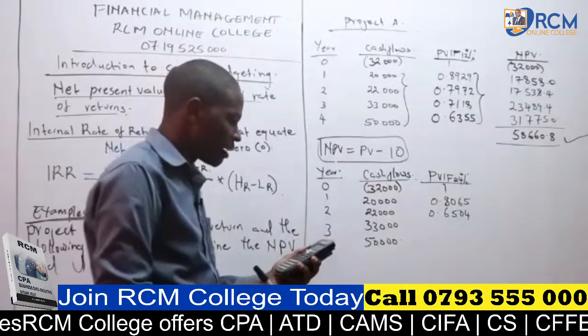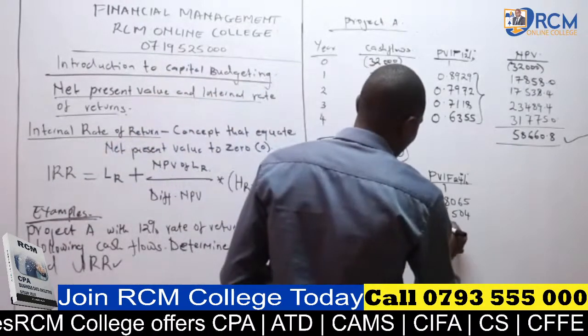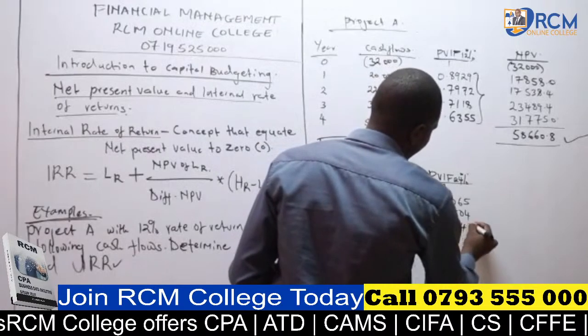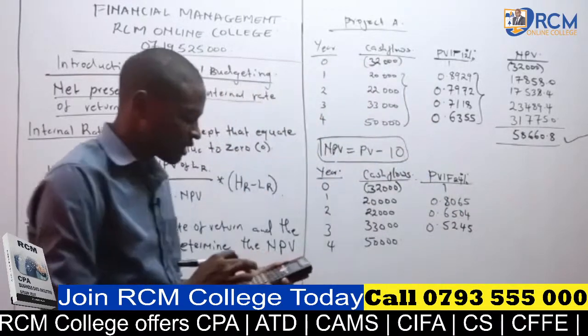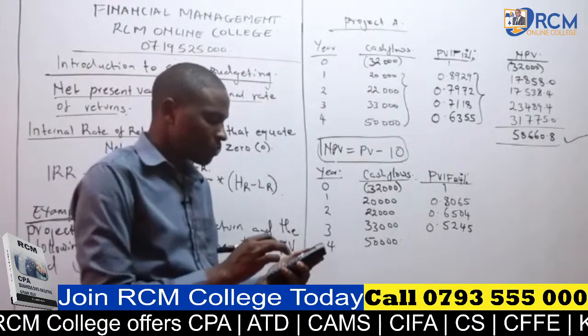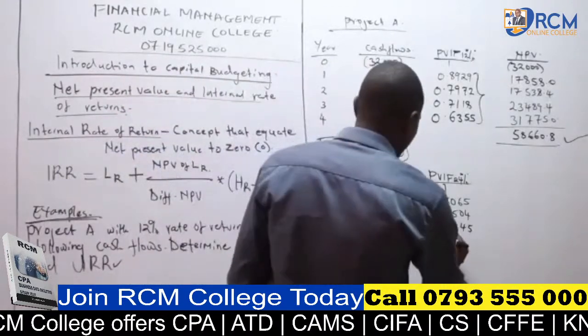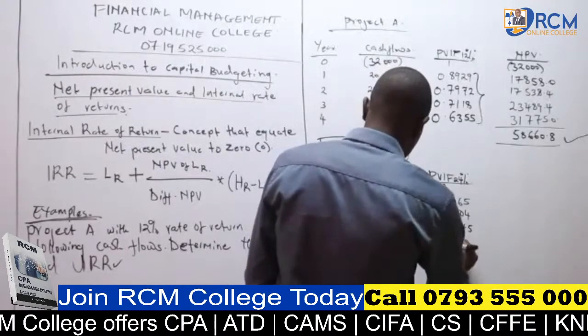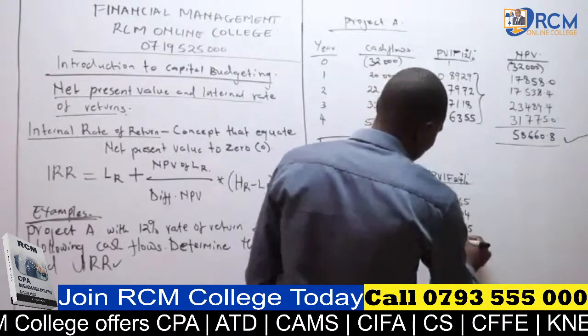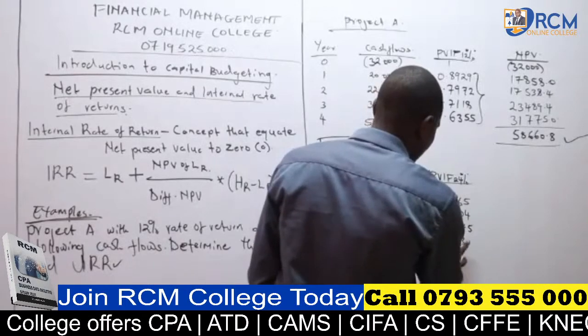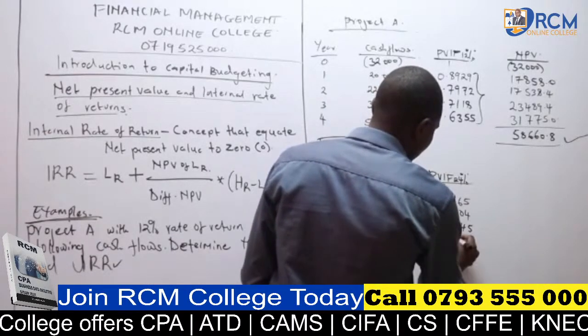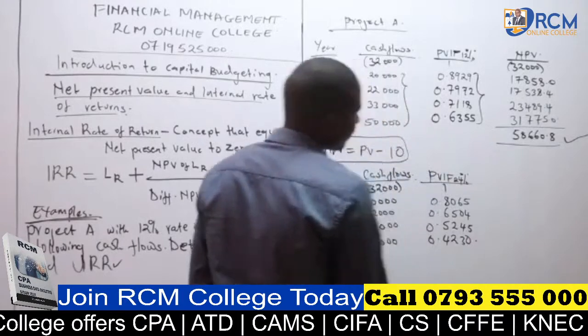The third year, 0.5245. And the last year is 1.24 raised to the power negative 4, which is 0.4229, or 0.4230 when we round off.